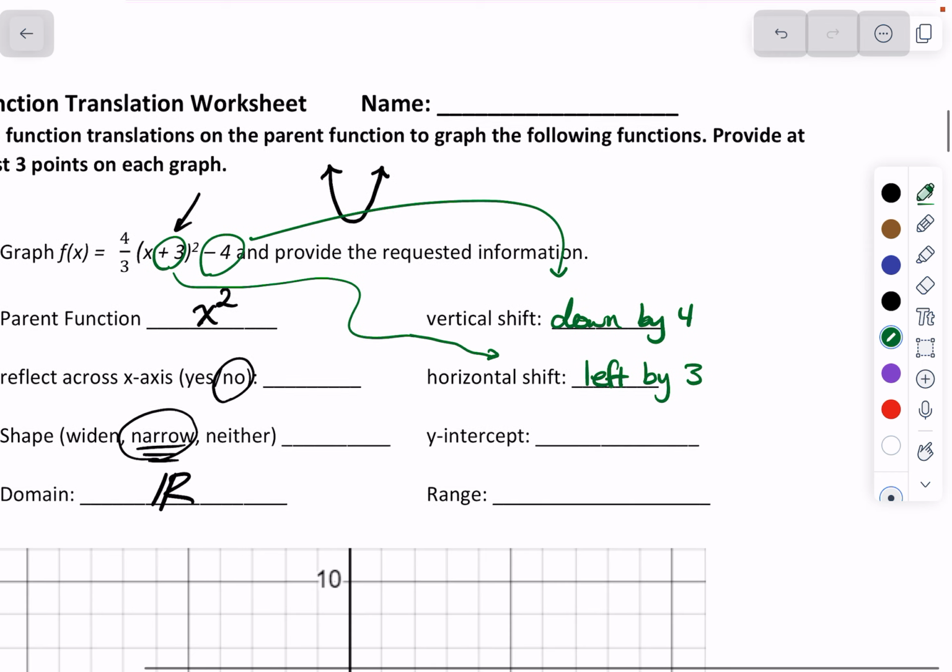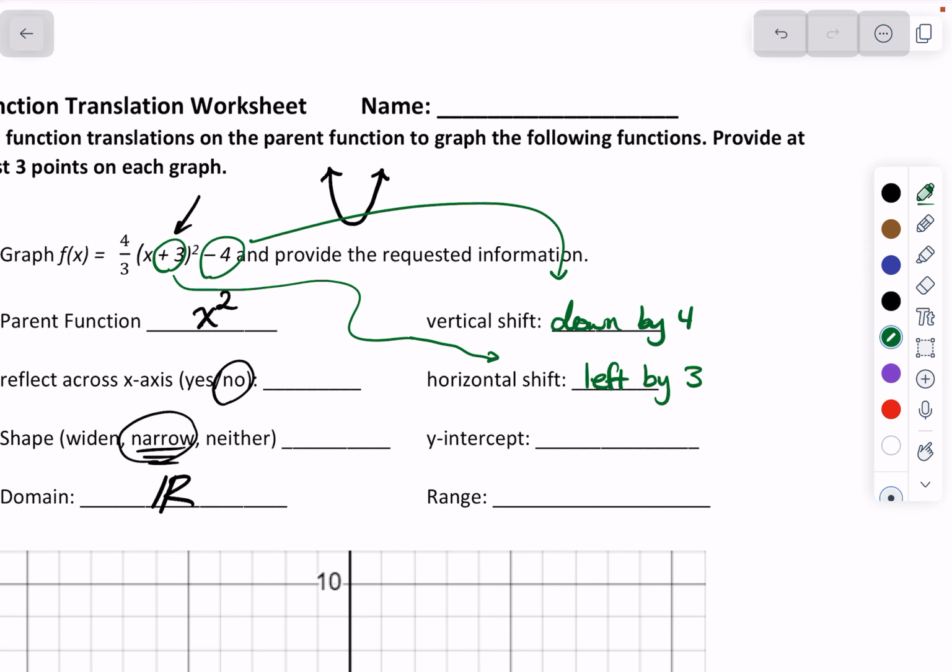Y-intercept. Again, use the function to find the y-intercept. Right, so I'm going to calculate f of 0. What is f of 0? It's going to be 4/3, parentheses, 0 plus 3 squared minus 4.